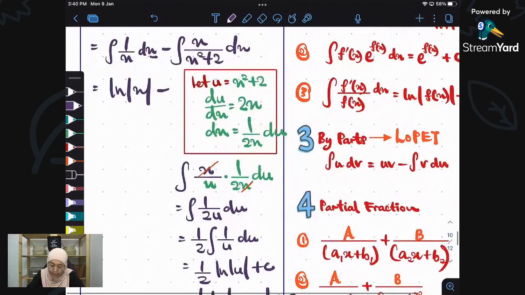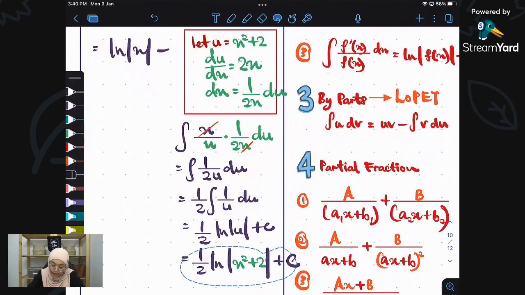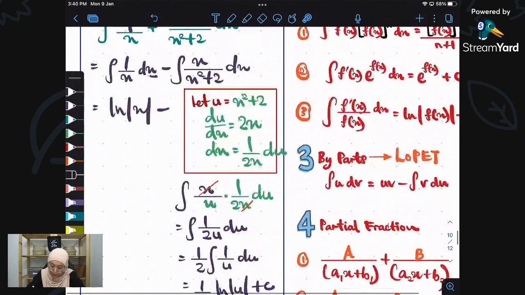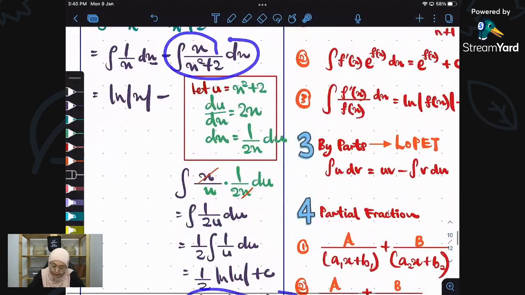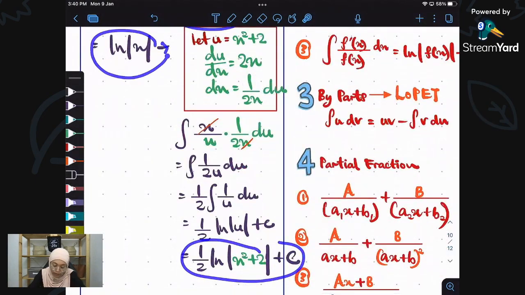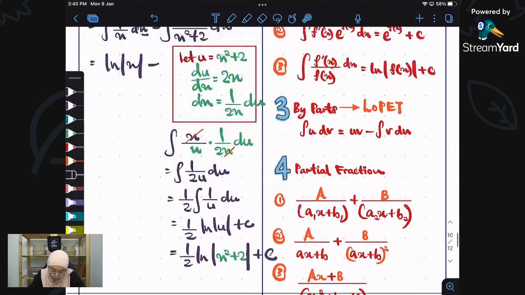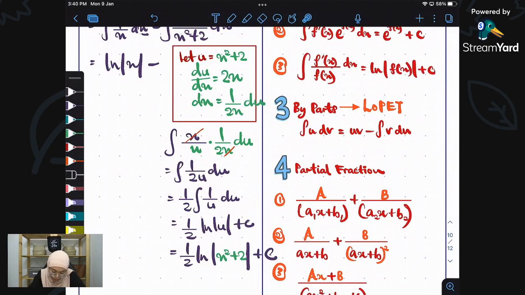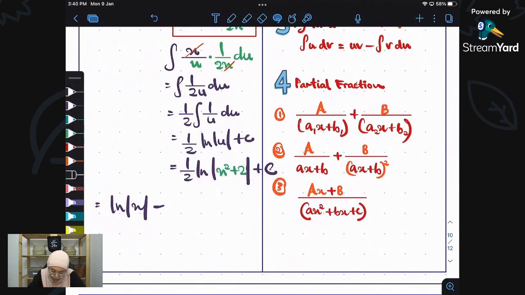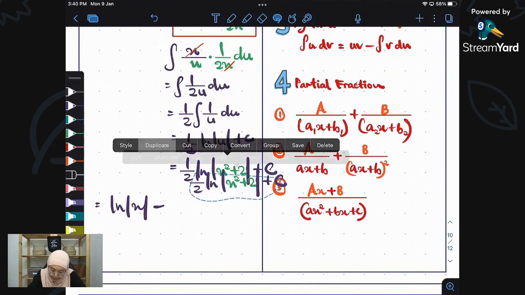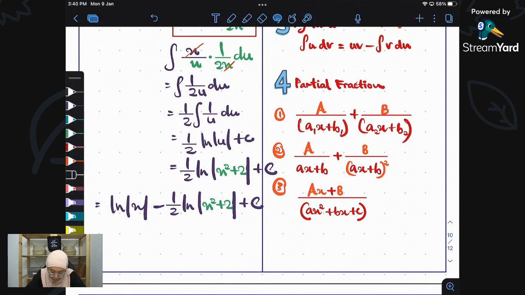This answer is only jawapan untuk these things. Okay, I need to combine it with the original question. I need to bring this down and make a conclusion saying that this is the final answers.